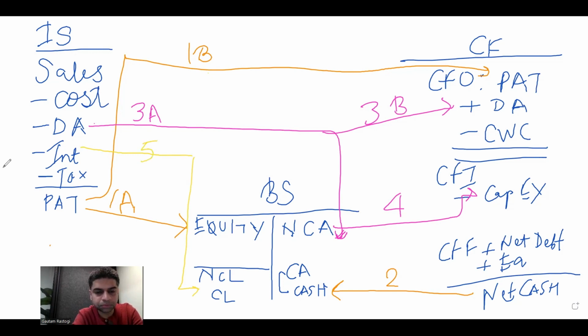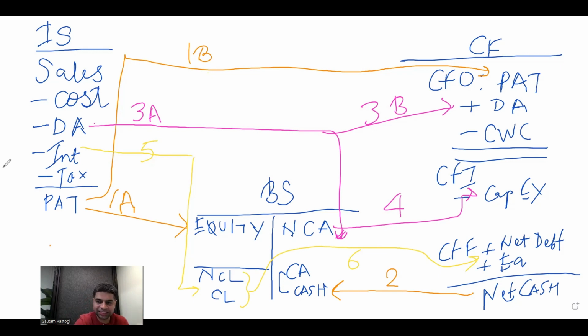And then also your loans, whatever net debt that you take, which obviously is here, needs to be part of your cash flow from financing. Let's call it transaction 6. Hope you're getting a sense.